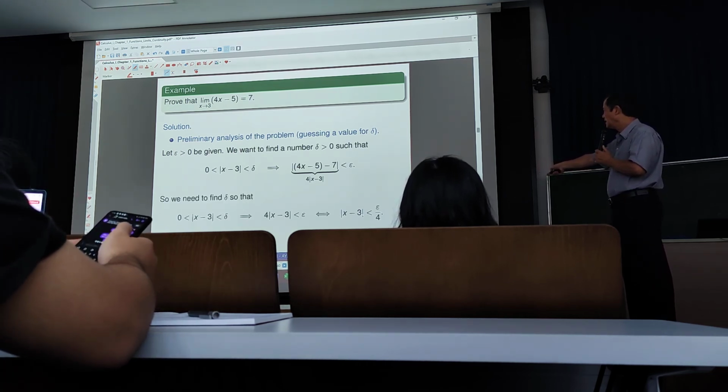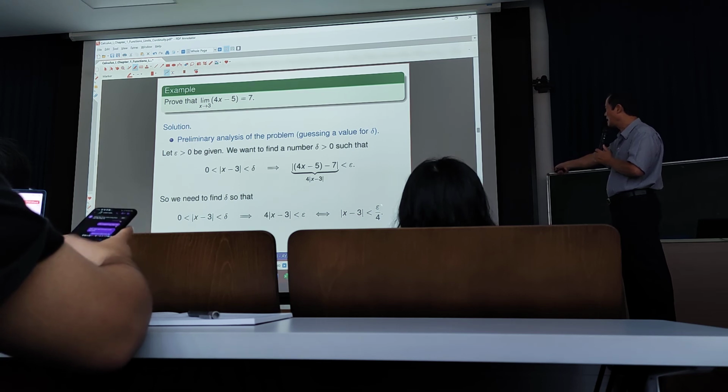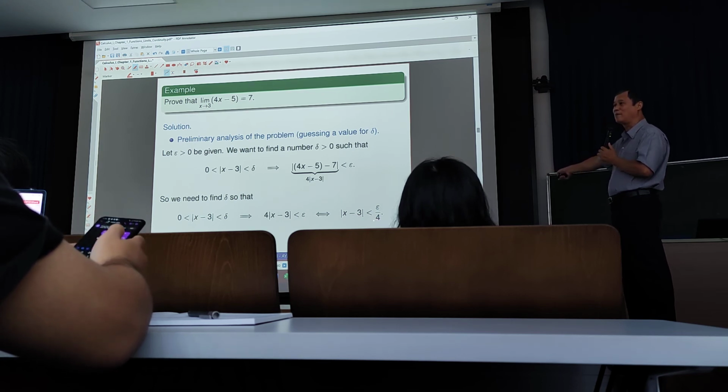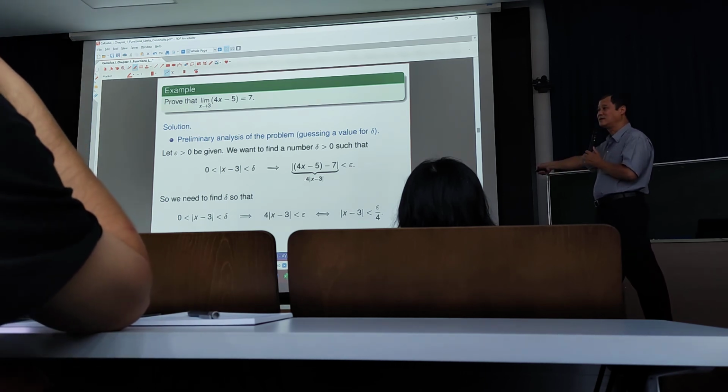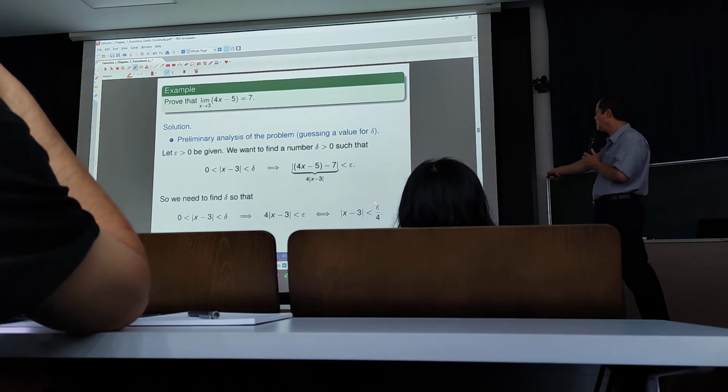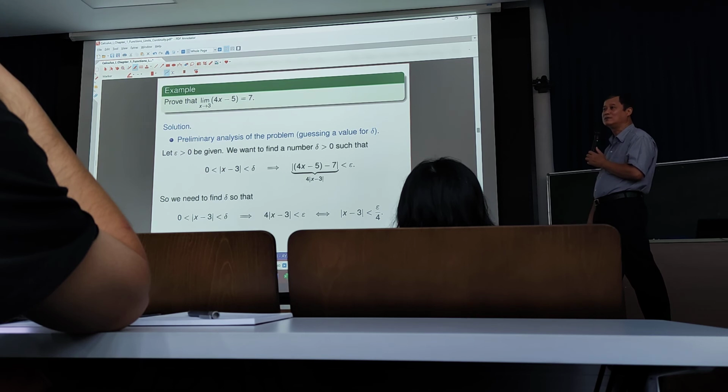Then it means x minus 3 less than epsilon over 4. If you have this, then it's done. How to get delta if you want to have this? Taking delta equal to epsilon over 4. Very simple.